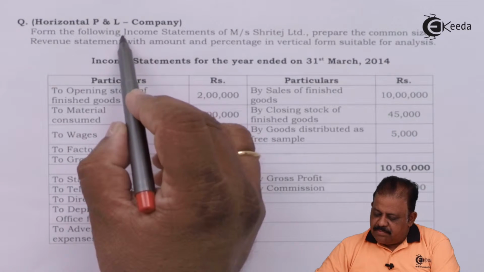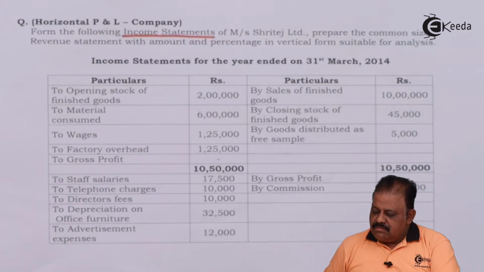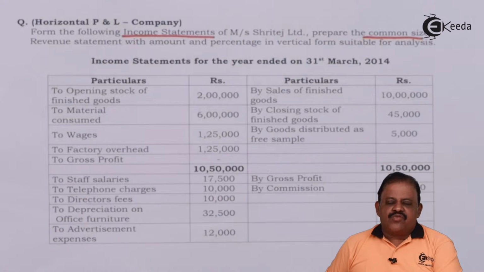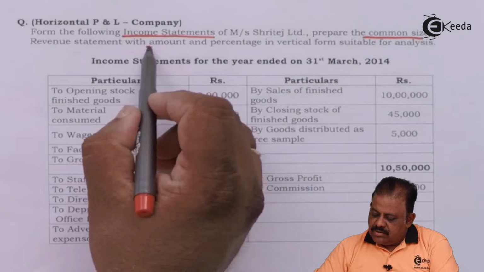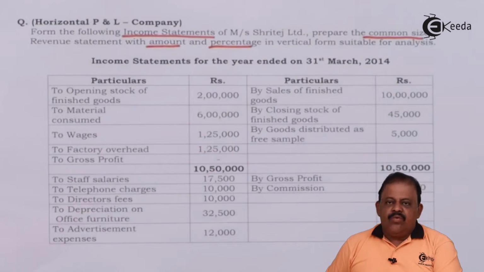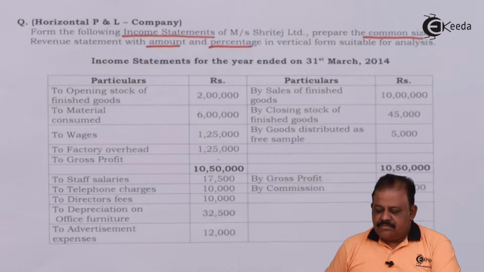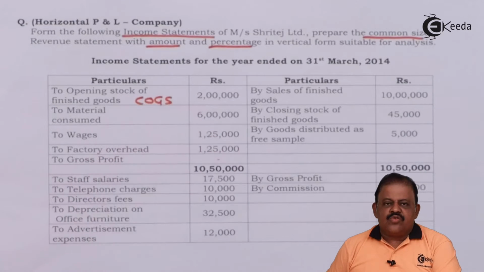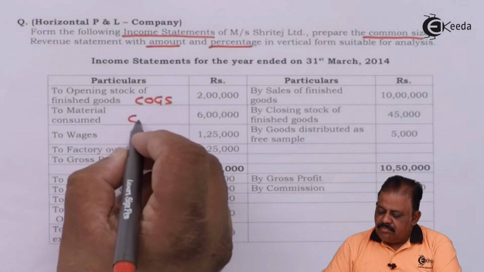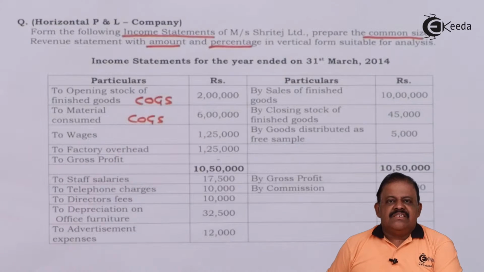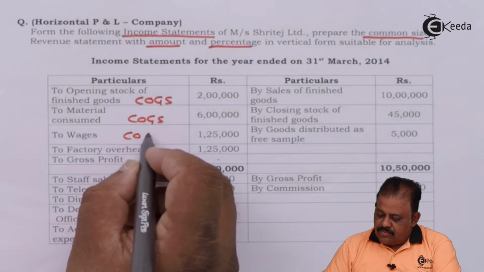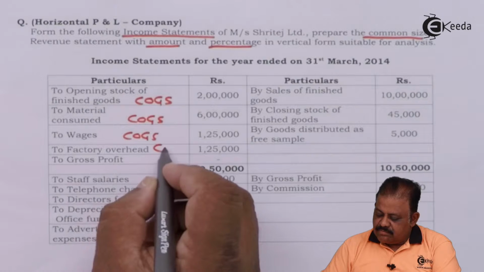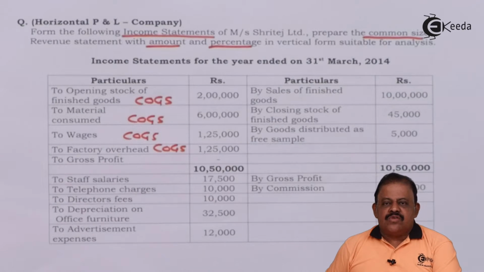From the following income statement of Messrs. Shritej Limited, prepare common size revenue statement with amount and percentage in vertical form suitable for analysis. Opening stock of finished goods, cost of goods sold; materials consumed, cost of goods sold; wages, cost of goods sold; factory overheads, cost of goods sold.